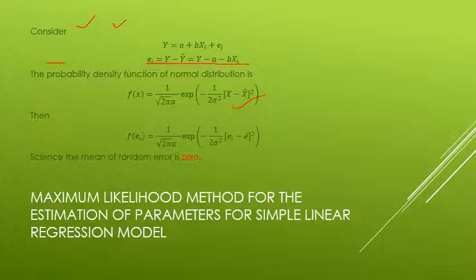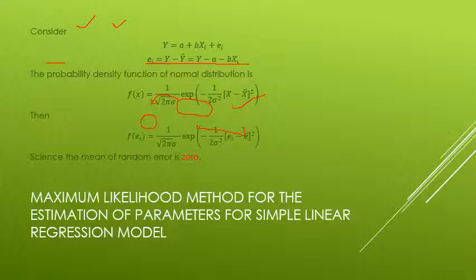In the second step, we take the error out of the equation, and the rest of the model is written as y minus a minus b xi, because this part of the equation is shifted here and the signs become negative.